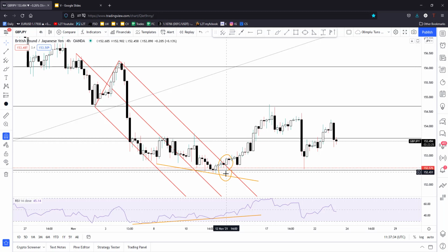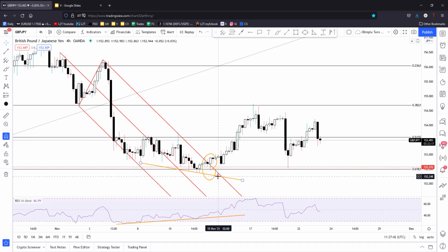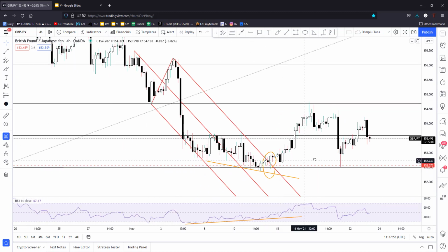And this candle here, false breakdown with great separation below the upper medium line, below 152.57, below the 61.8, had signaled that maybe the price could turn to the upside in the short term, right? Also this bullish divergence signaled that maybe the British pound versus the Japanese yen could turn to the upside. So this is Confluence trading, guys.